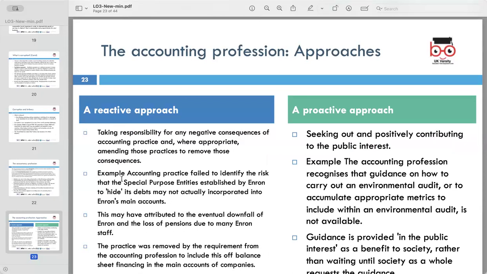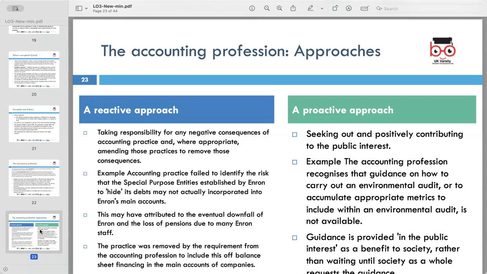So again, there are two types of approaches: the reactive approach and the proactive approach. The accounting profession demonstrates responsibility by acknowledging and rectifying negative consequences of accounting practices, in response to failures such as the Enron scandal, where off-balance sheet financing obscured the company's true financial position.